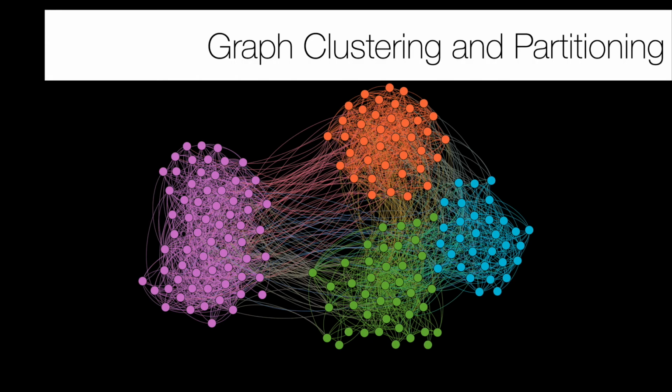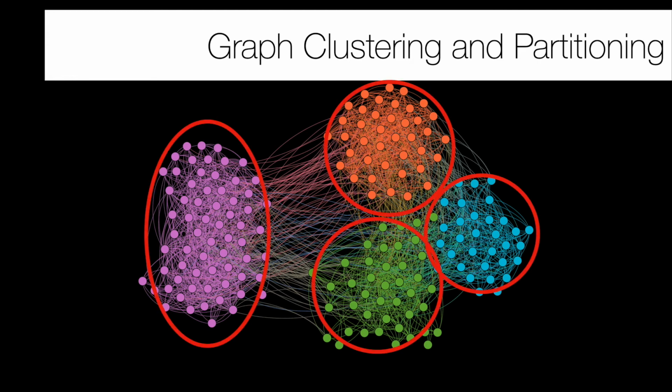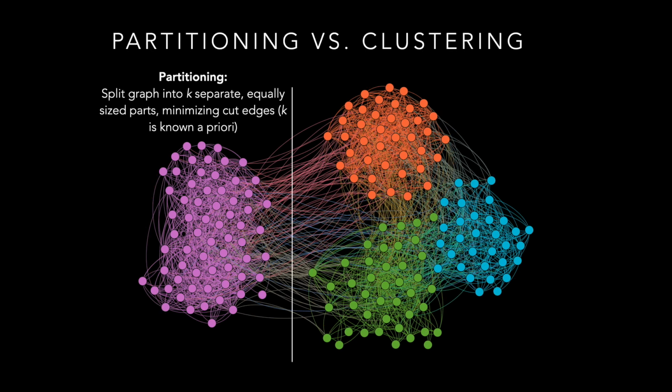So to do so, we'll introduce this idea of graph clustering and partitioning. We're given some graph. We want to identify these groups and have an algorithm that can say, well, these are the different sets of nodes that exist in our graph, and they should be grouped together somehow. And there are two ways of doing this, like I mentioned, partitioning and clustering.